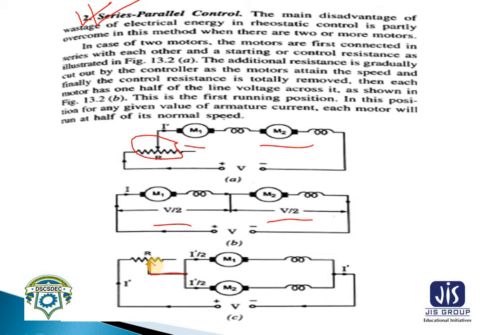And after it has been adjusted, that part will be removed from the circuit. Then this is the first running position. In this position, for any given value of the armature current, each motor will run at half of normal speed.